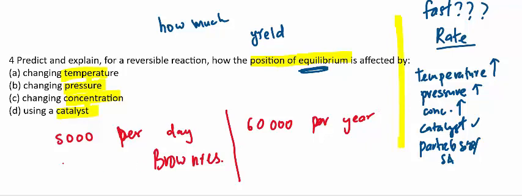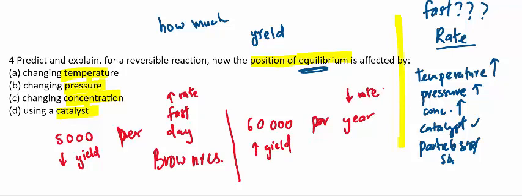This one is low yield, very little but fast, so high rate. Get it? This one is high yield, a lot, but low rate, very slow.